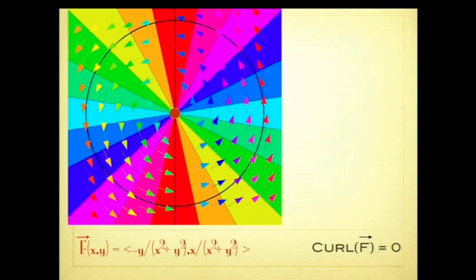So the example which you have, I think, seen is this example of a vector field which is not defined at the origin. And indeed, this vector field has curl 0 everywhere except at the origin. So the closed loop property doesn't hold here.